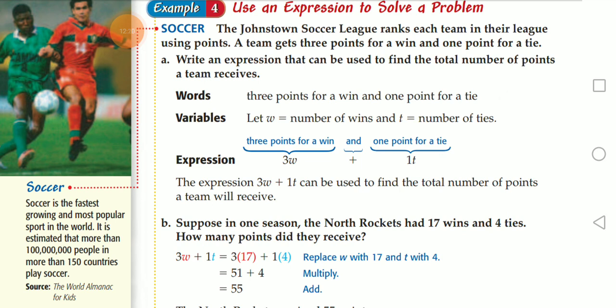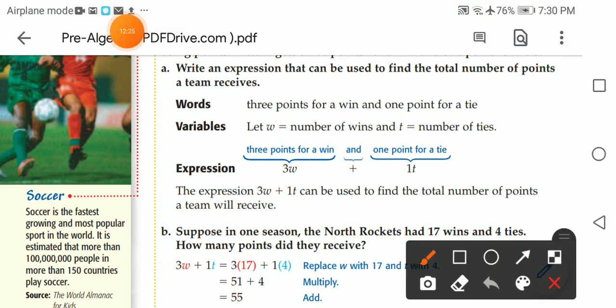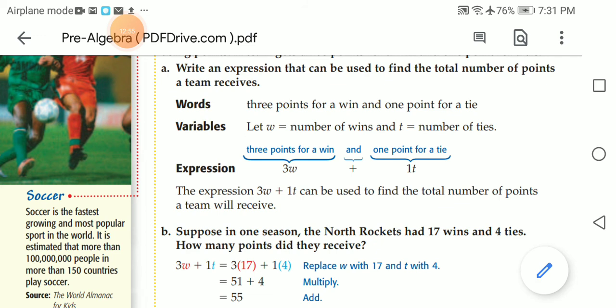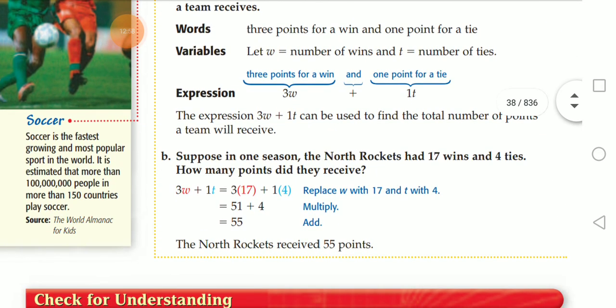Let W be the number of wins and T the number of ties. 3 points for a win is 3W, and plus 1 point for a tie, 1T. We can say just T instead of 1T, but it's okay to write 1T to make it easier for you. The expression 3W plus 1T can be used to find the total number of points the team will receive.